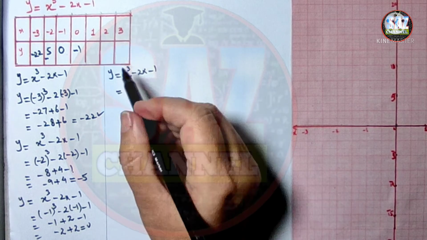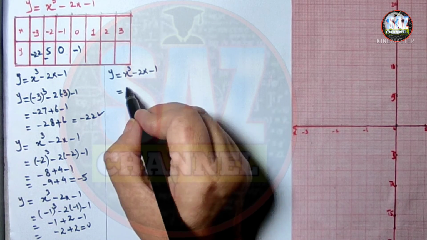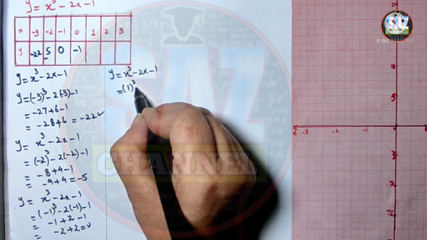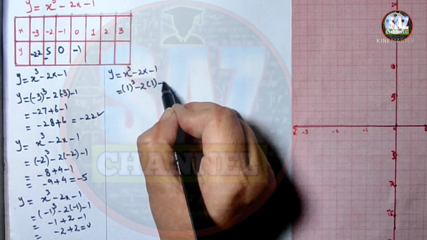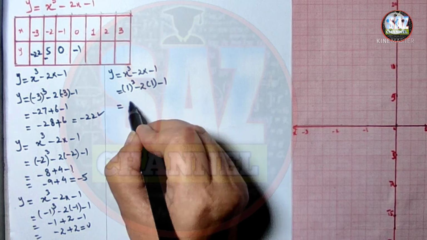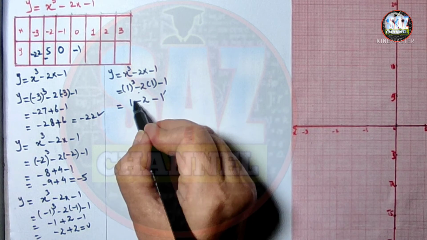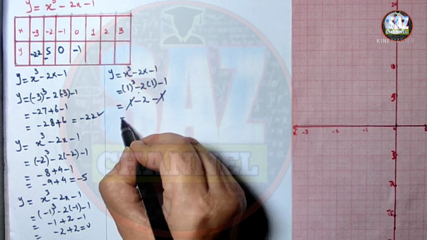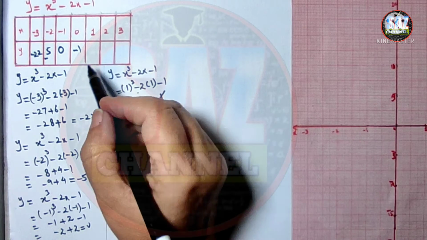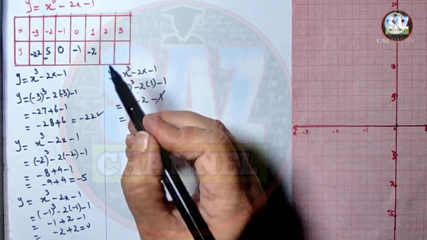Now I have to replace x by positive 1. This will become 1 cubed minus 2 into 1 minus 1, and this is 1 minus 2 minus 1, this goes with this, and I will be left with minus 2. So when x is positive 1, y is minus 2.